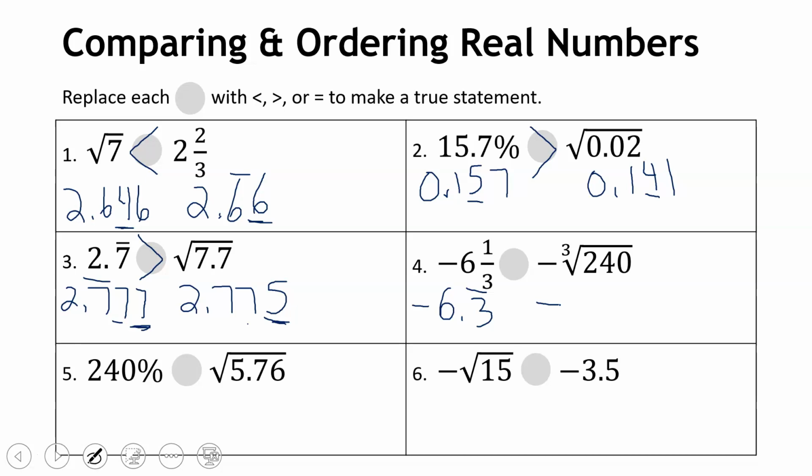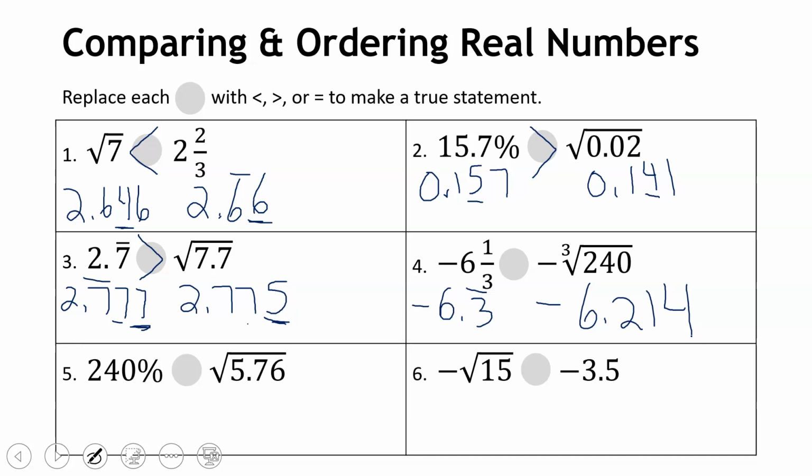It might be a radical sign with an x as the index. That's where you would put the 3. So when I calculate the cube root of 240, I get 6 and 214 thousandths. So negative 6.214 is an approximation for negative the cube root of 240.